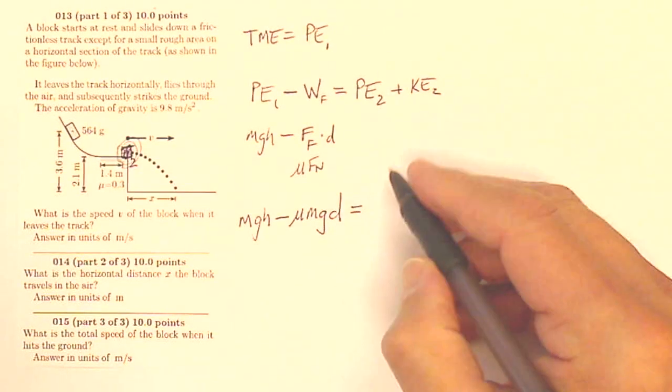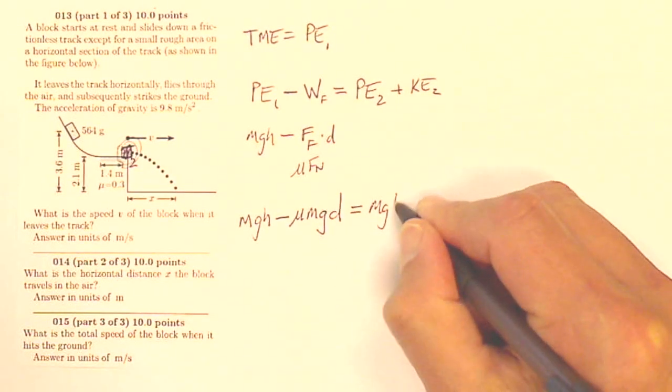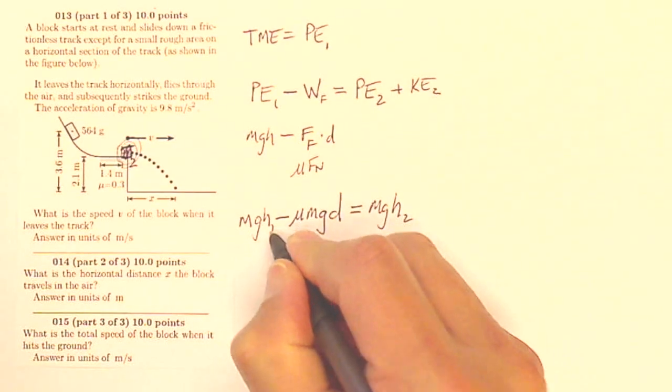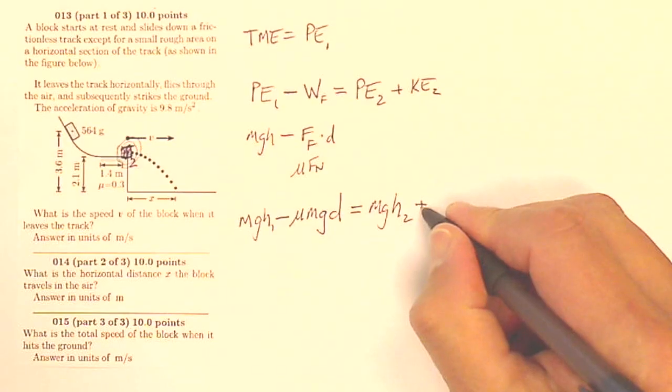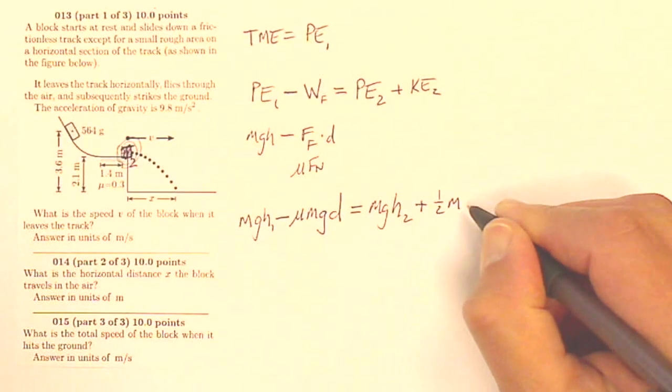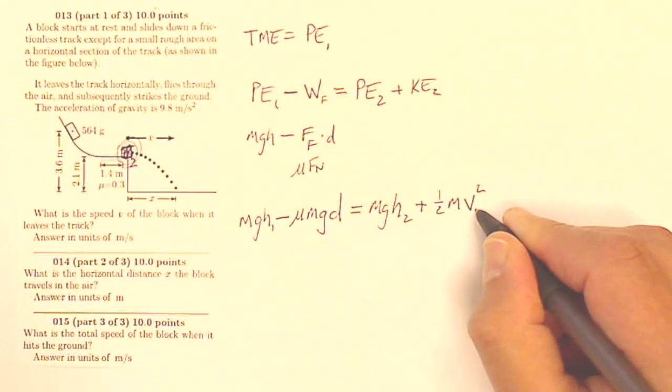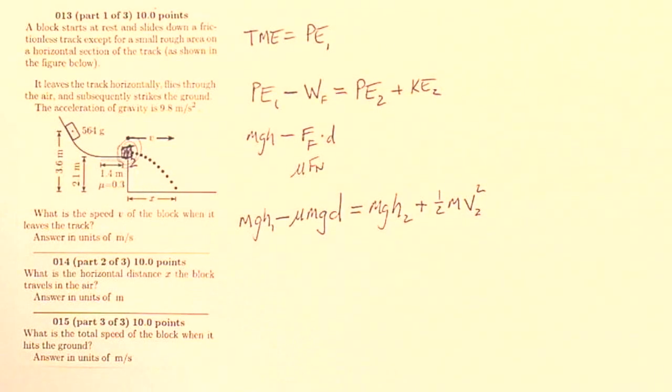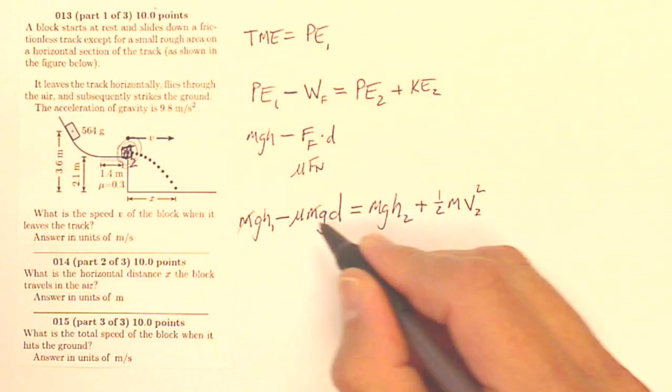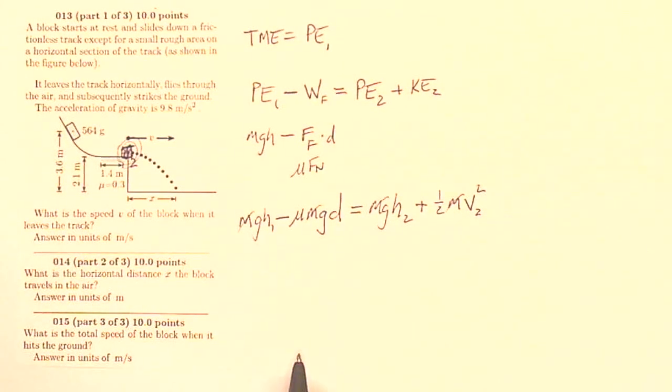That's going to equal my new PE, which is going to be mg times my new h, I'll call that h2, that's h1, plus 1/2 mv squared, and that's the v at location 2. You'll notice mass is in every term, so all that cancels out.